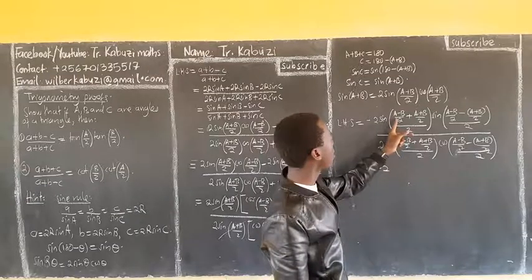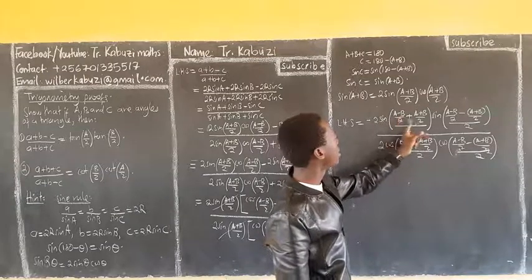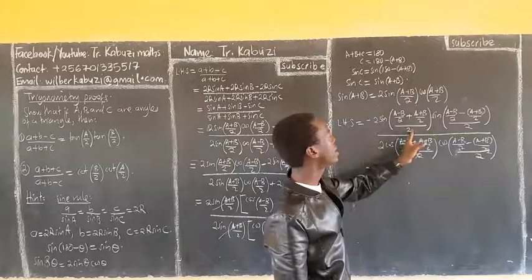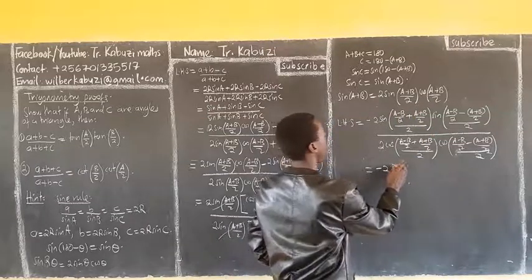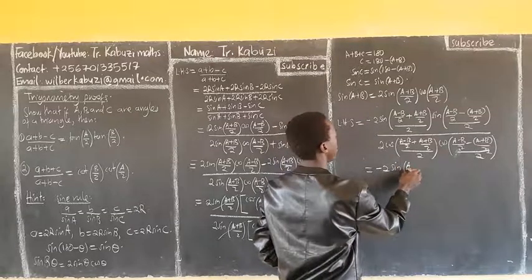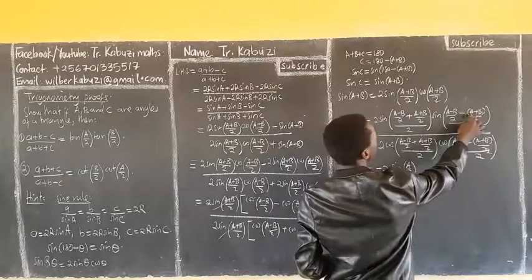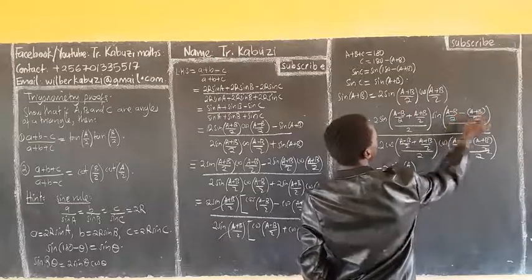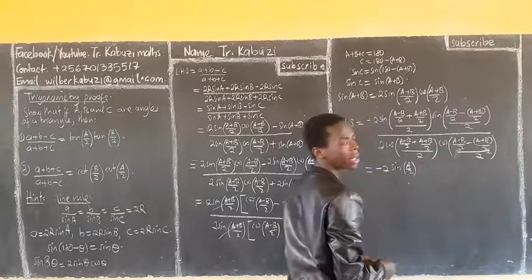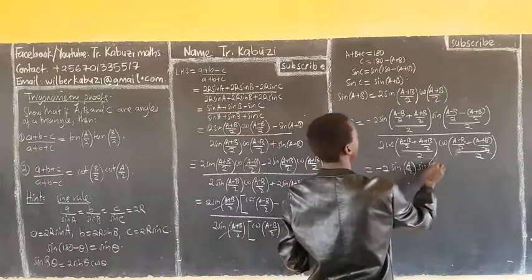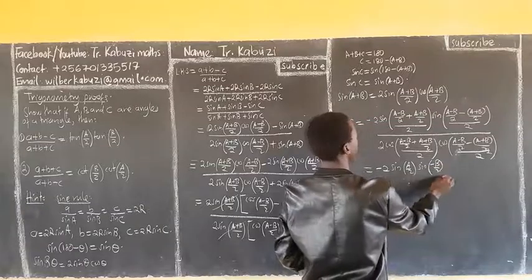So here, instead we are going to be adding a. In the same way, we are going to be adding 2a, which we divide by 2 to get a. But this we divide by 2. So there we have sine a over 2. Then here, we are going to be adding minus minus a, then minus minus b, divided by 2, that will be negative b, divided by 2, so we have now sine negative b over 2.